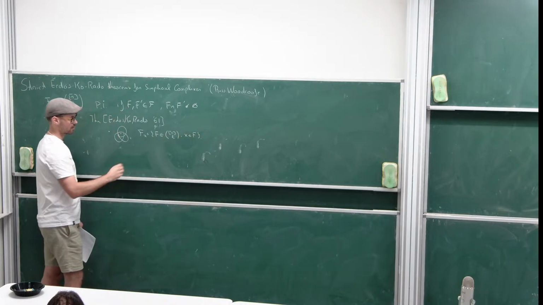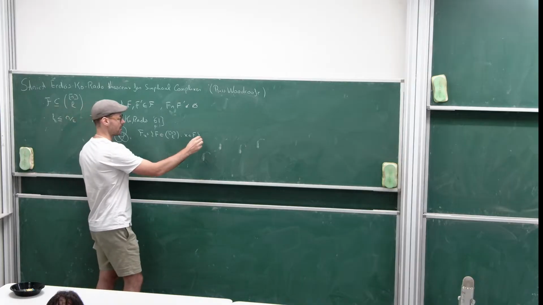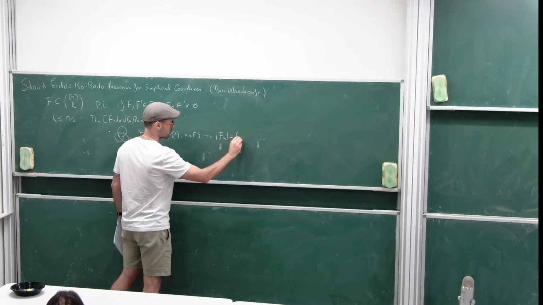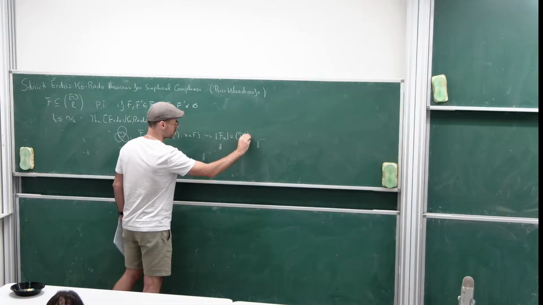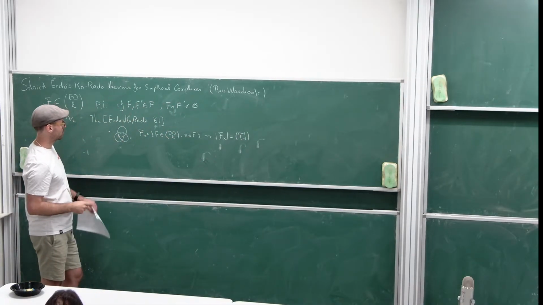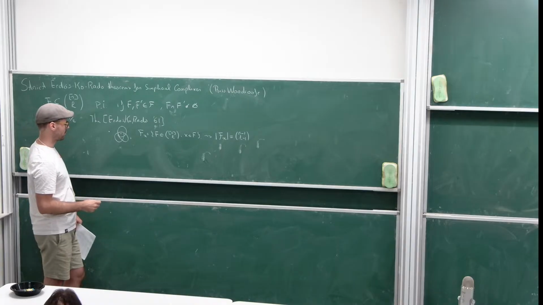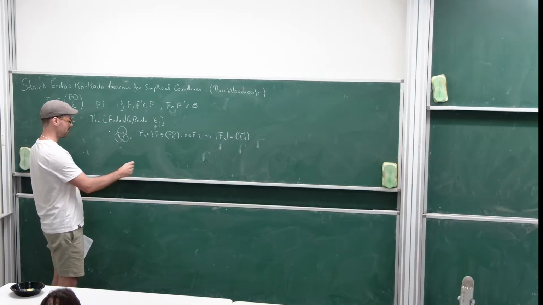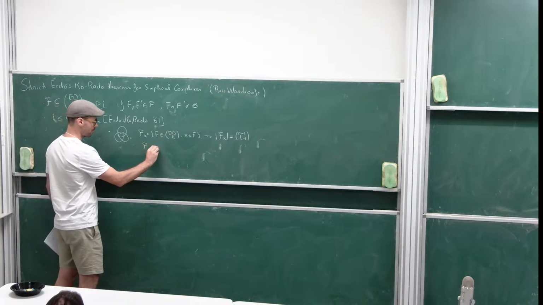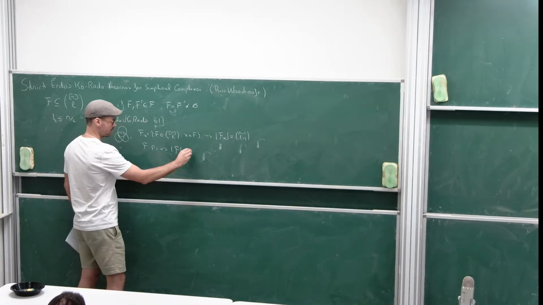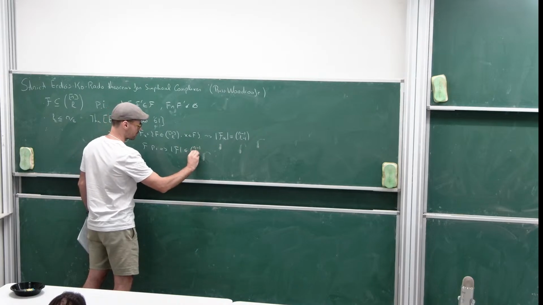This is clearly pairwise intersecting, and its size is n-1 choose k-1. They show that this is in fact an upper bound for any pairwise intersecting family: pairwise intersecting, and the size is at most n-1 choose k-1.